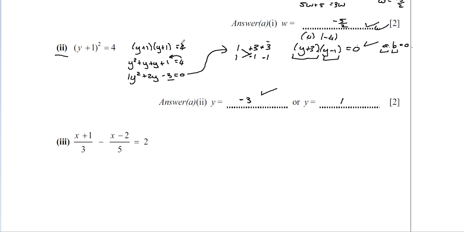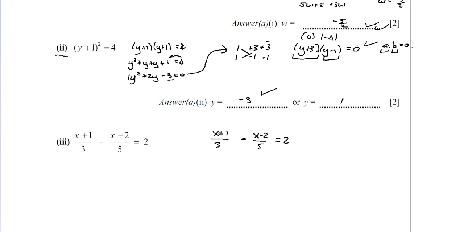Hope that's okay. And last one for this section, we have x plus 1 over 3 minus x minus 2 over 5 is equal to 2. We're trying to solve for x, so we don't want denominators. We don't want this 3 and 5. Just like in the previous example, to get rid of the denominators, you multiply your whole equation through by that denominator.